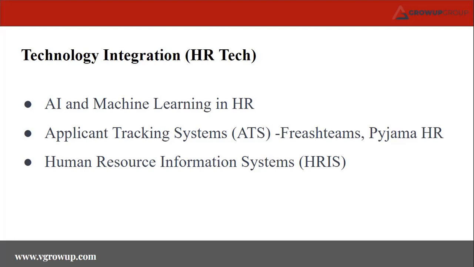And human resource information systems are nothing but where we have the employee data. It is useful for the payroll part and exit formalities. All the HR operations can be done from this HRIS.